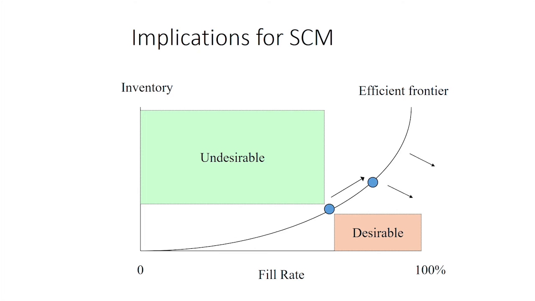And what supply chain management will do is to adopt best strategies and thus push this efficient frontier further to the right. Companies at last increase their fill rate with even a lower inventory level, which is to the desirable region.